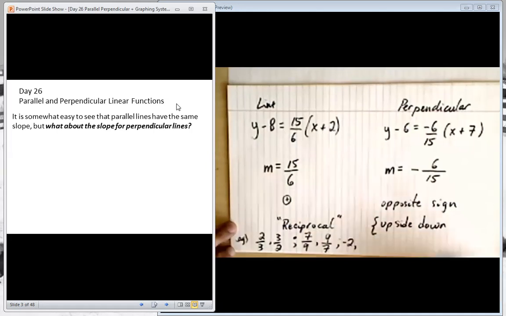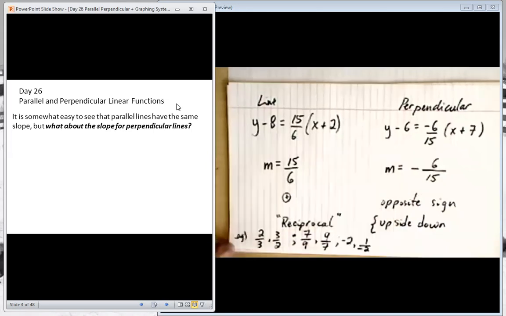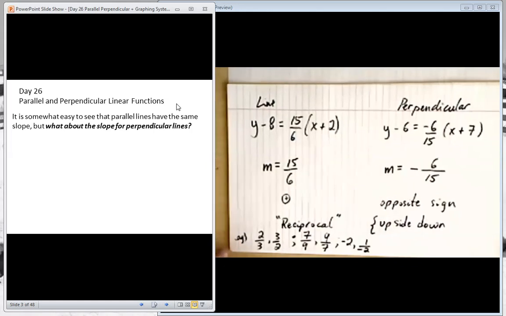Negative 2. What's the reciprocal of negative 2? Yeah, minus 1 over 2. There's an invisible 1 down there. So that invisible 1 goes to the top, and the minus 2 goes to the bottom. Okay, reciprocal. Upside down only there.